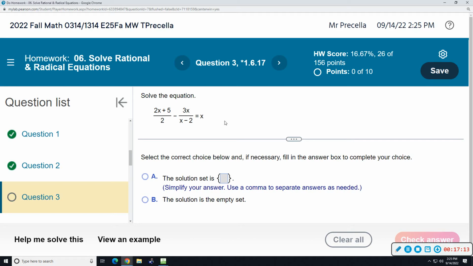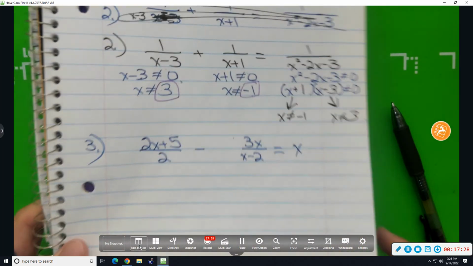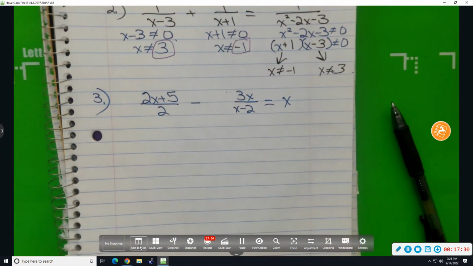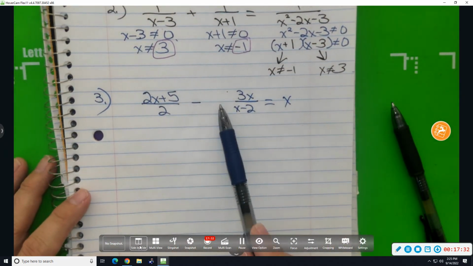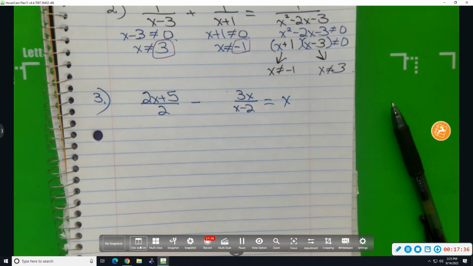So I'm going to want to leave enough room to write in the stuff that I'm going to be multiplying through by. Notice how I left room in front of each of the fractions, and I have room over here on the right-hand side also.